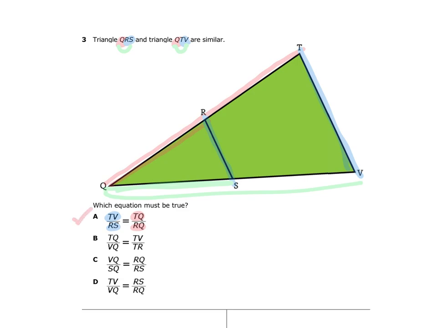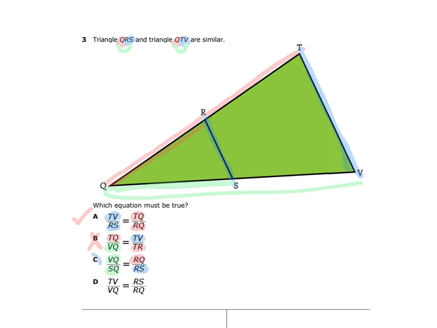Answer B, we have TQ is red, VQ is green, TV is blue, and TR is red. Also, TR isn't even the whole side. So that one's going to be a no. C, we've got VQ, which is green, SQ, which is green, and then RQ, which is red, and RS, which is blue.